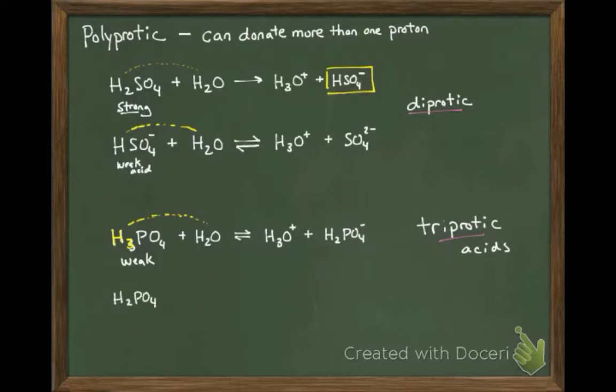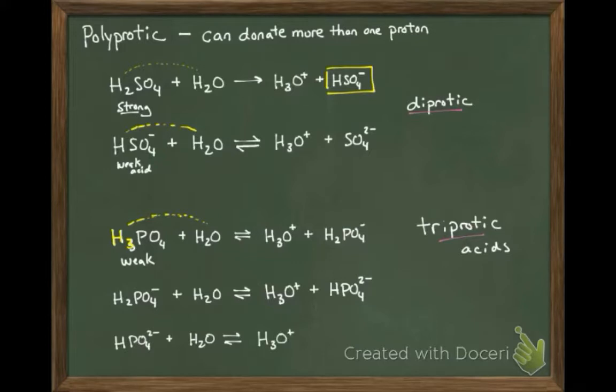H2PO4 minus can donate a second proton to water. This is also, of course, a weak acid. It produces H3O plus. I remove H plus from the H2PO4 minus to donate to the water. That will leave me with HPO4 with now a negative 2 charge. And the HPO4 2 minus, the hydrogen phosphate, can also give up its last proton to water. This is also weak, so we use double arrows. H3O plus, right?